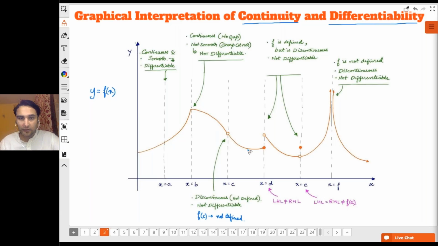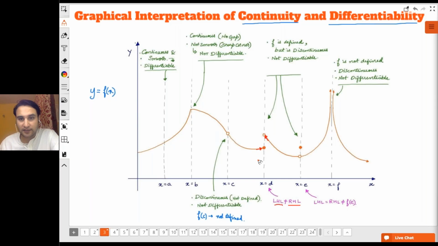And if you have learned limits earlier, then I'll quickly revise the limits also. See here, the left hand side limit approaches this value and the right hand side limit approaches this point. So in this particular case, your left hand limit is not equal to right hand limit, or there is a gap, discontinuous.